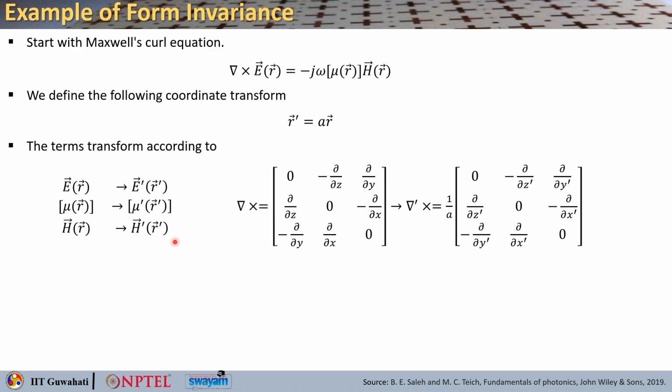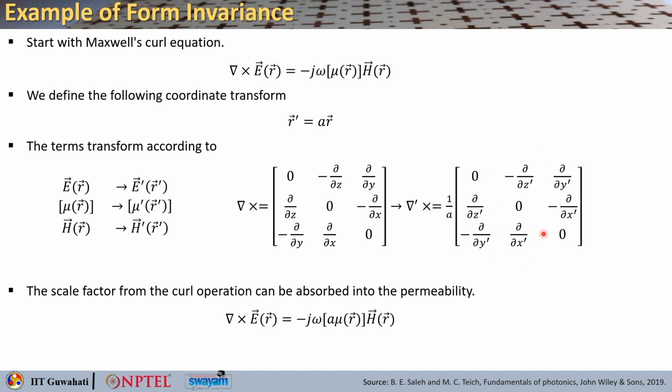All these things can be done, and you also need to write what the curl operation is in the new coordinate system. So, the curl prime operation will have this kind of transformation. You can calculate that, and you will see you get a 1 by a factor coming out from this matrix.